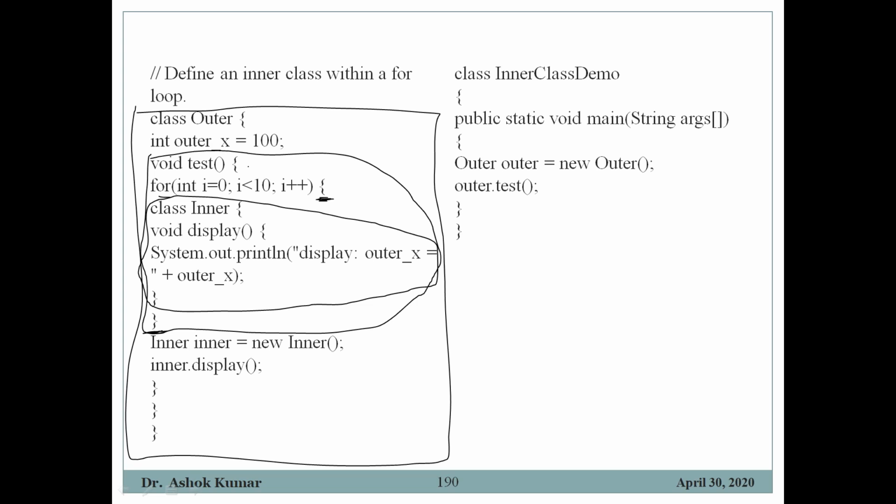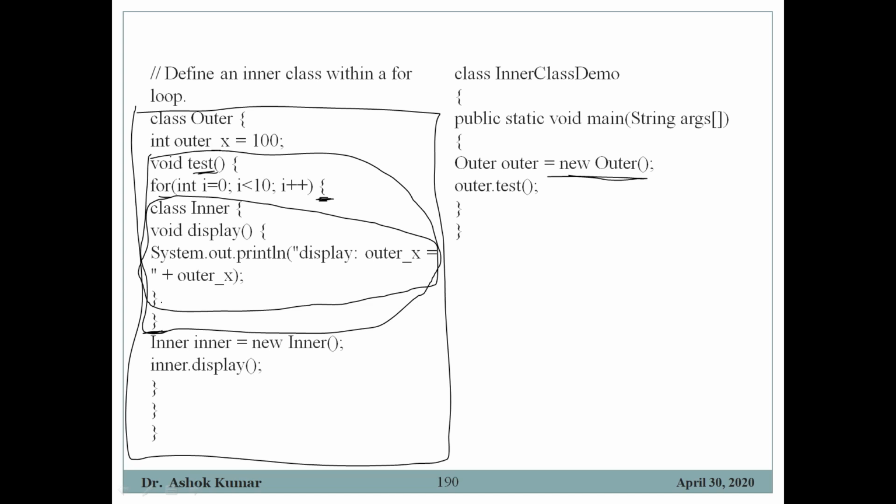This is possible. So the logic will work like this. I'm going to explain the flow of this example. From the main, we have created the object of the outer class, and with outer.test, we are calling the test method. So here is the test method. In the test method, there is a loop, so it will initialize this index variable to 0. 0 is less than 10. In the body of the loop, there is a class. It's a definition of the class, but just the class definition is there, and this display function call is not there.